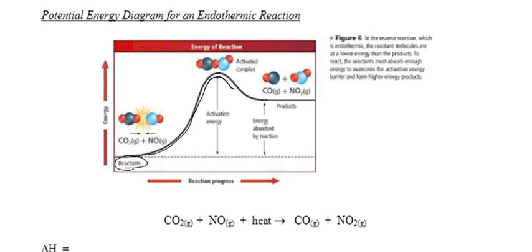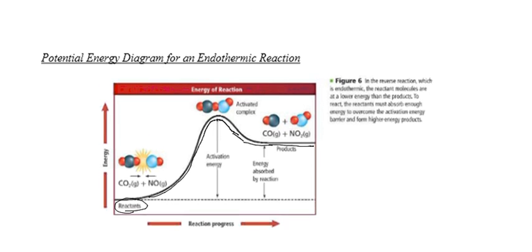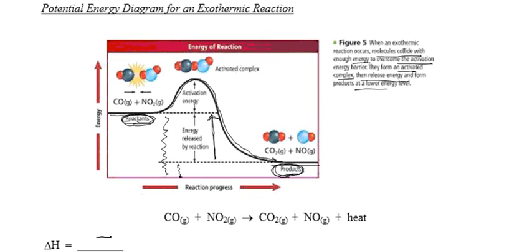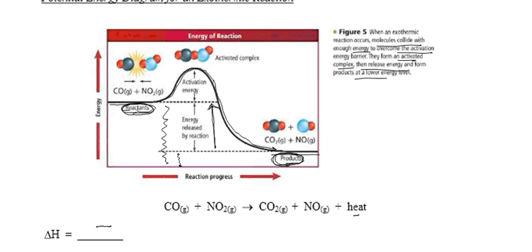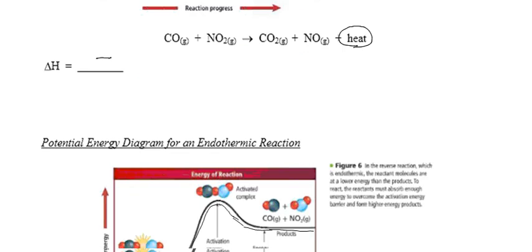Then some energy is removed or released, and the products are formed. In an endothermic reaction, the energy term is found left of the arrow, so I have to go back for a minute. In an exothermic reaction, the energy term is on the right of the arrow.